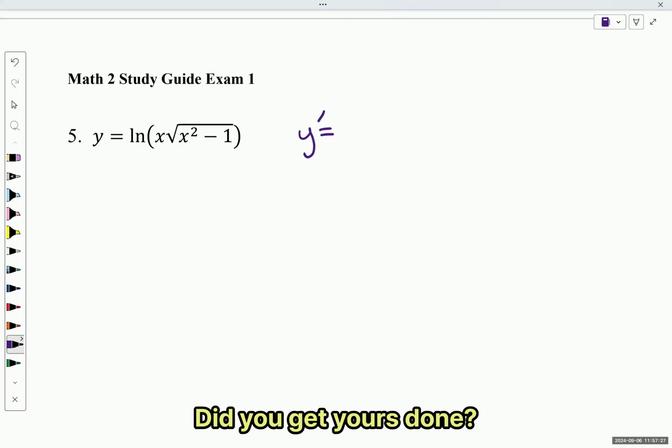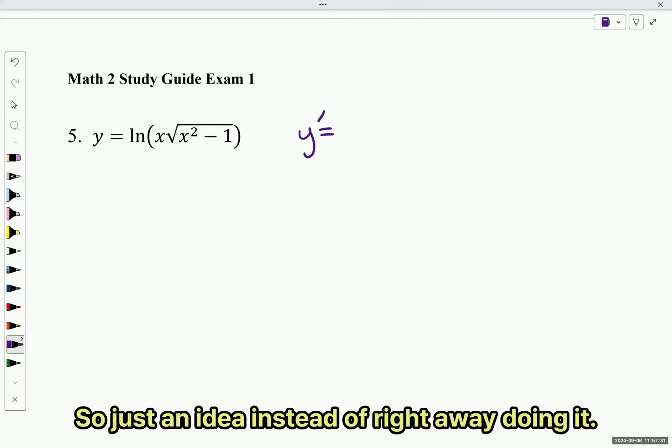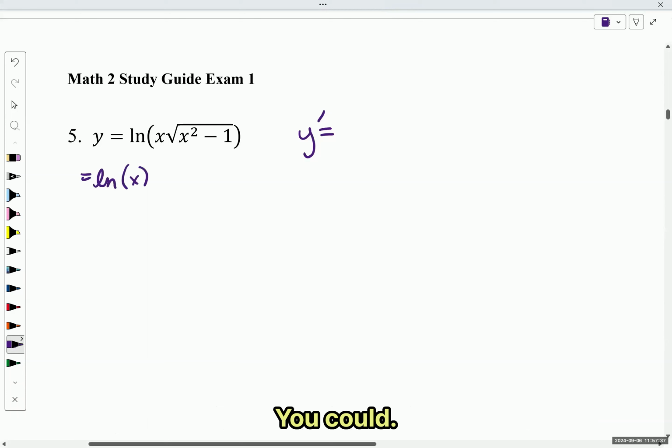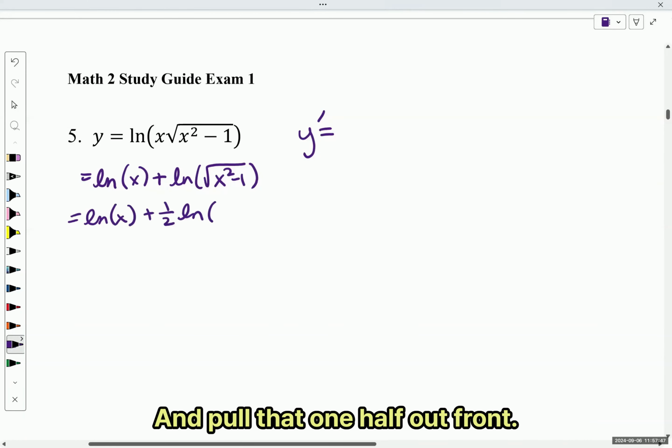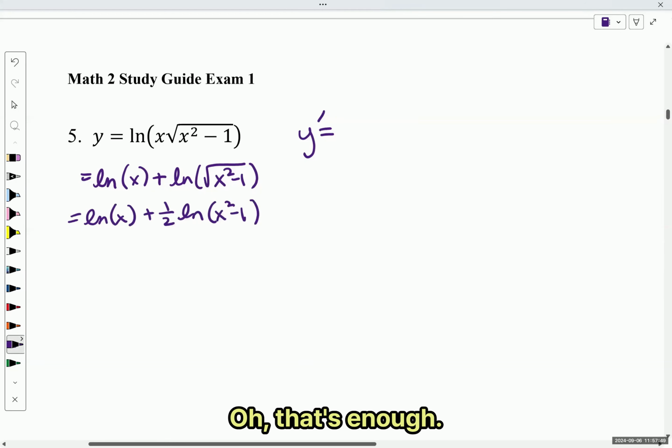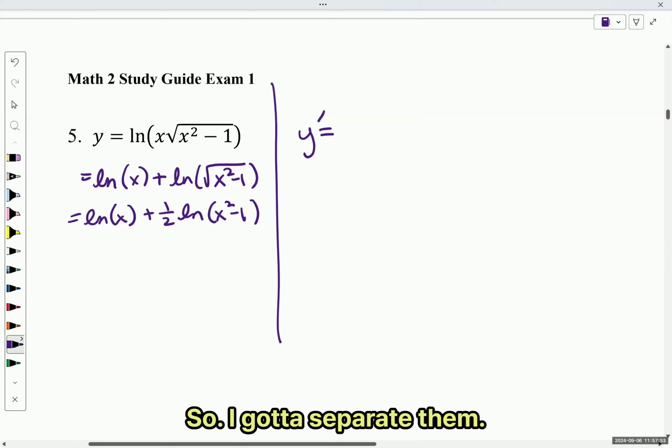Did you get yours done? No, I did. So just an idea, instead of right away doing it, you could separate this and then do it one more time and pull that 1/2 out front. So I got to separate them.